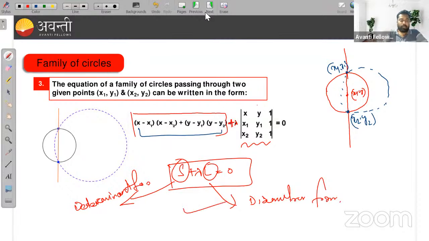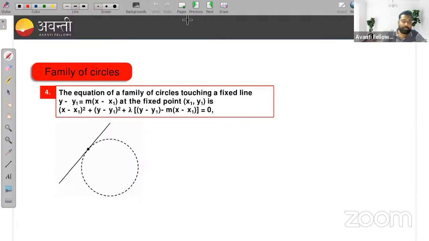Okay, let's move to the last thing, that is the equation of a family of circles touching a fixed line. The line is y minus y1 is equal to m into x minus x1, at the fixed point x1 y1.